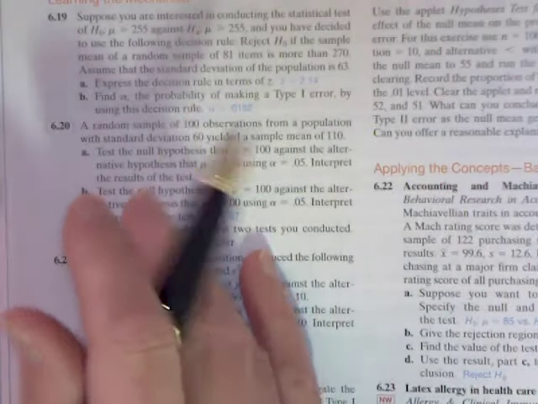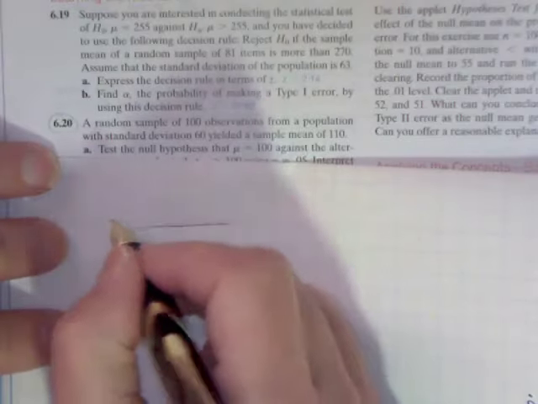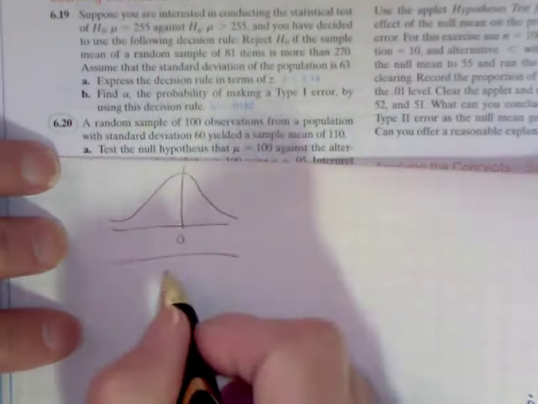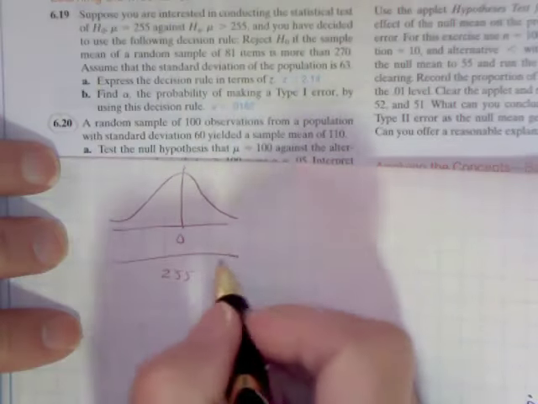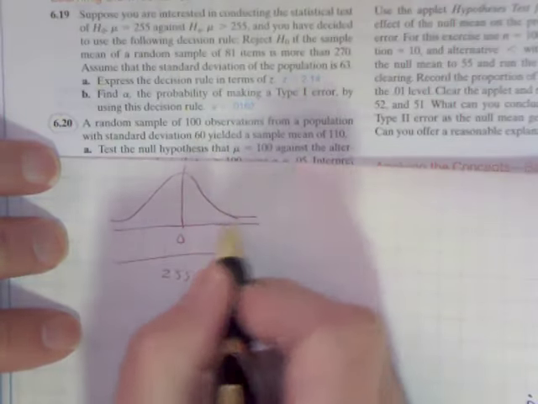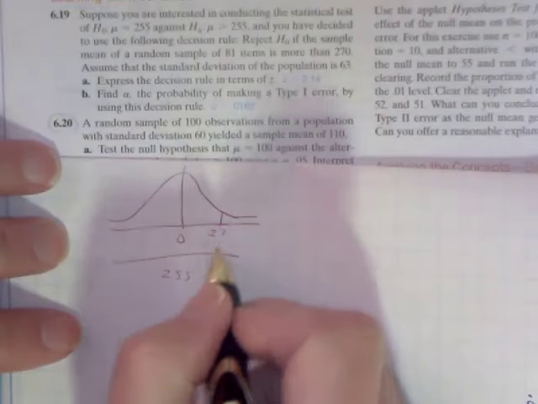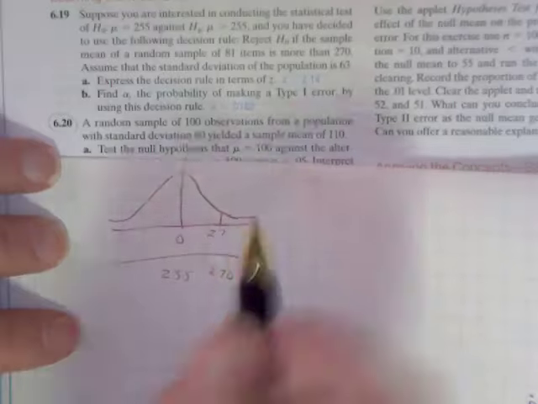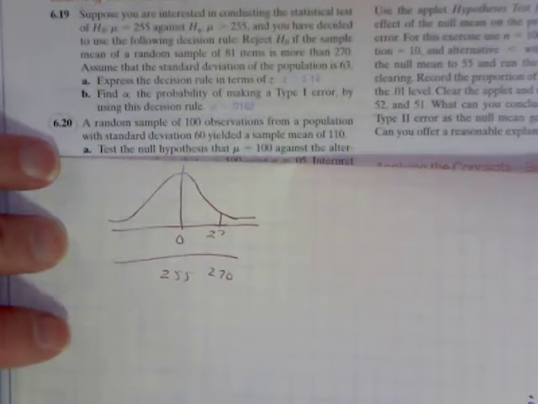So what we want to do is draw a picture. And here's our null hypothesis. On another scale, this would be 255. And we're saying it has to be 270 to reject. What does that 270 correspond to?